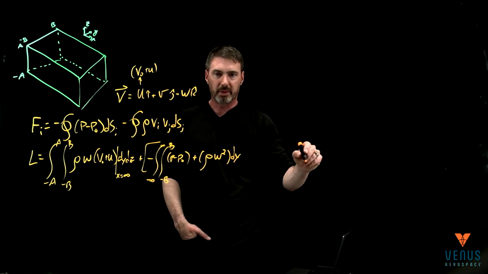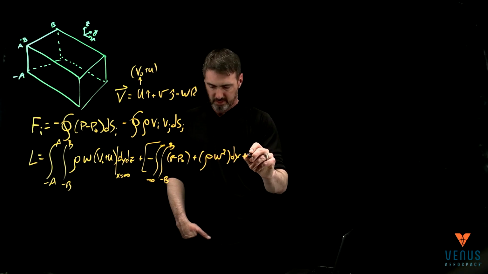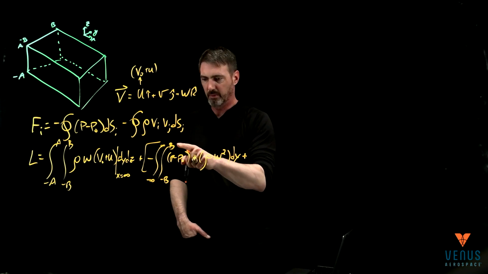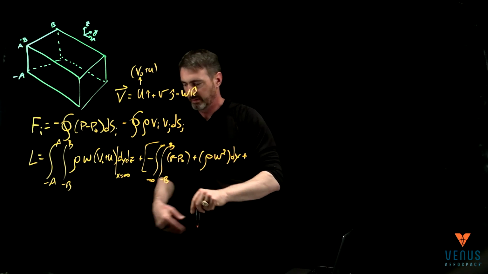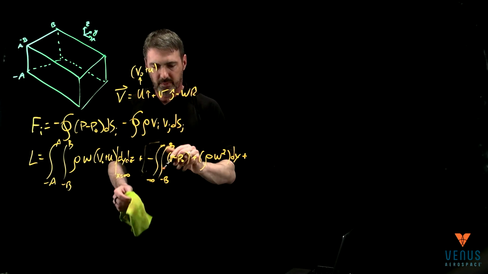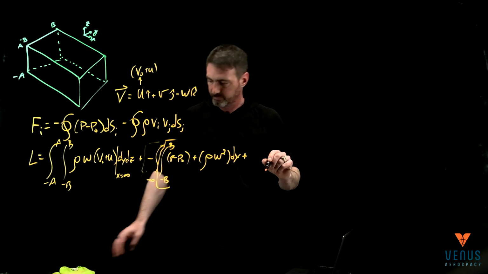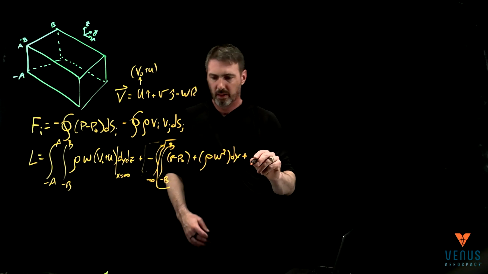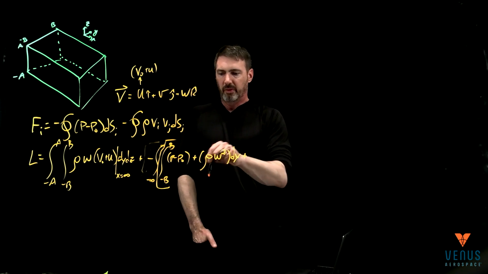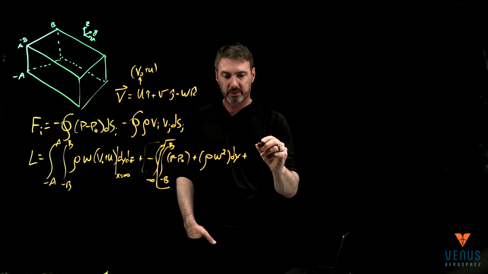And my dx will be on the other side of this. In fact, I wanted the x integral separate. There we go, x integral separate. So that was the bottom and top wall, and now the side walls.